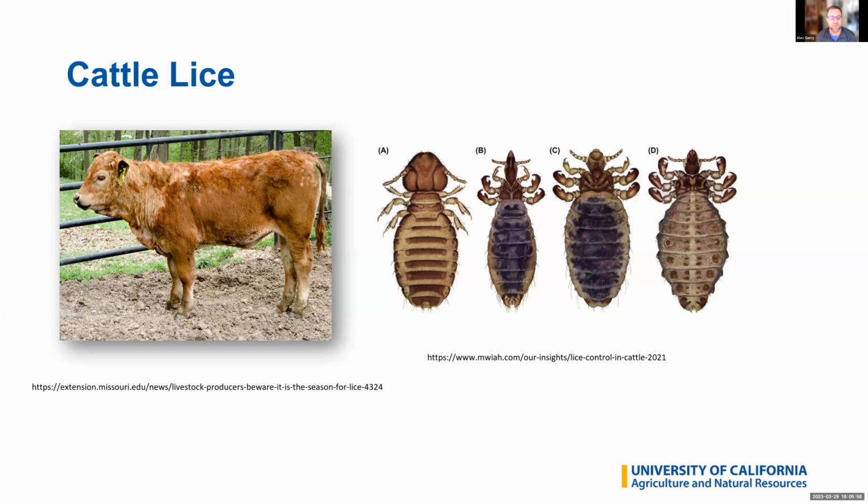The image on the left shows an animal suffering from louse infestation. From the perspective of management, we'll treat all of these lice relatively similarly, though there are some differences between the chewing lice and the sucking lice in terms of their management or control.